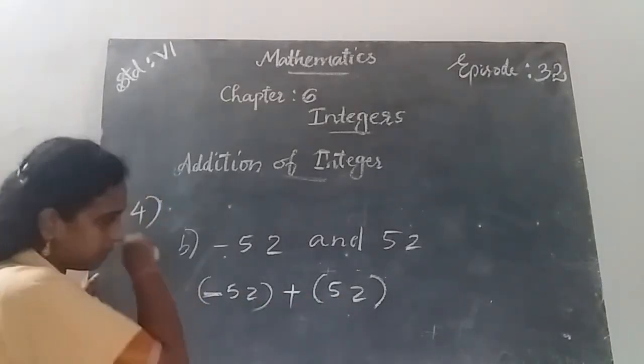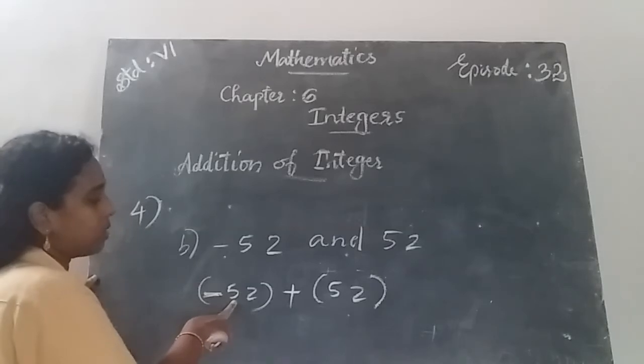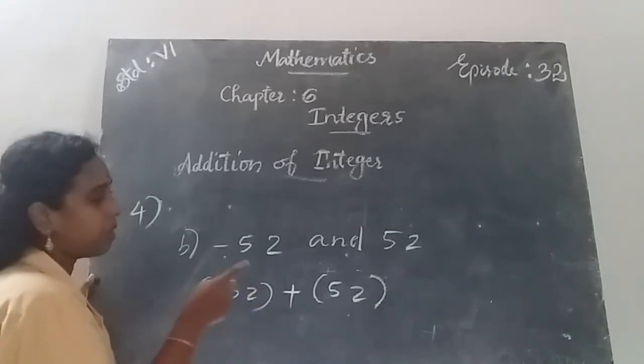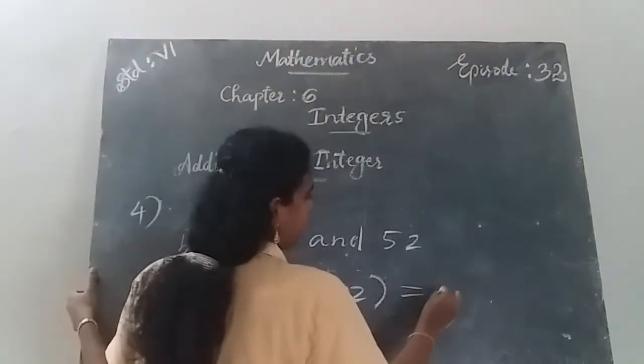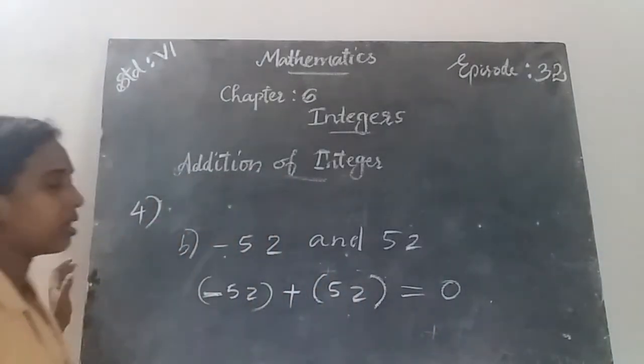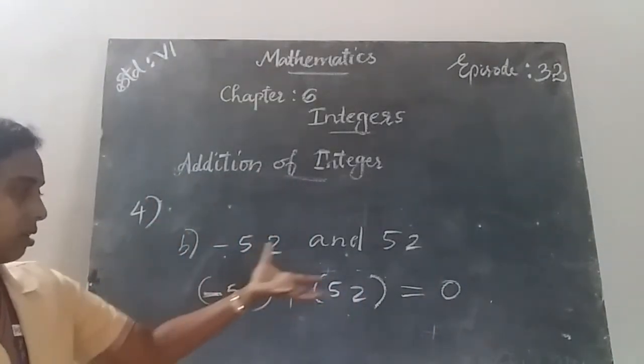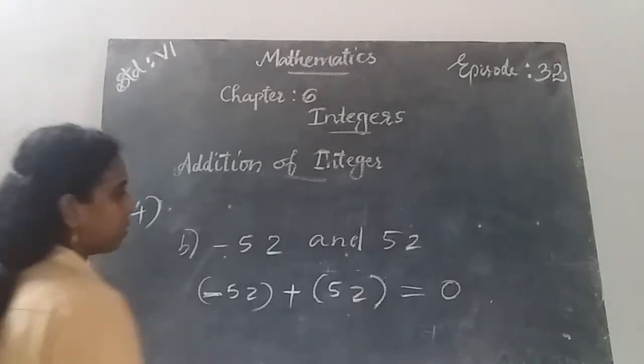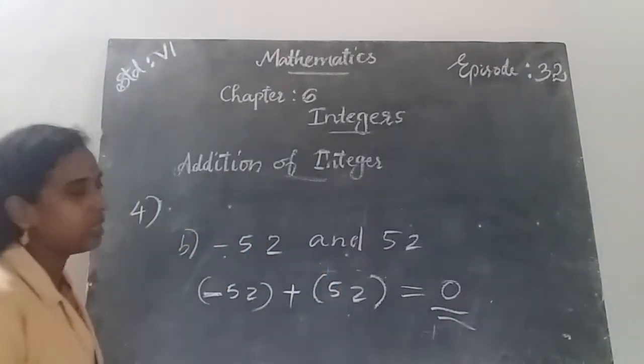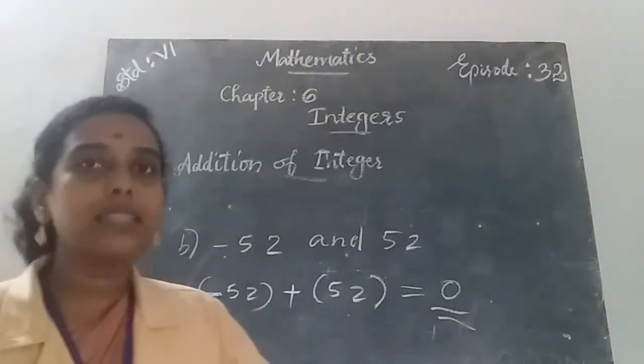Here the two numbers are the same, so we subtract these two numbers: 52 minus 52 is 0. 0 is neither a negative nor a positive integer. Okay, so we get 0. If we subtract the same numbers, then we get 0.